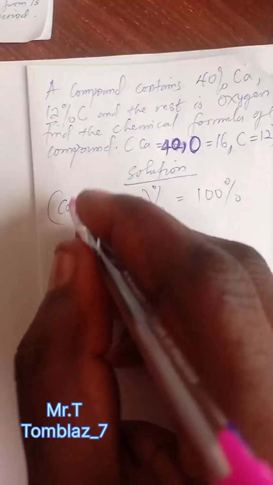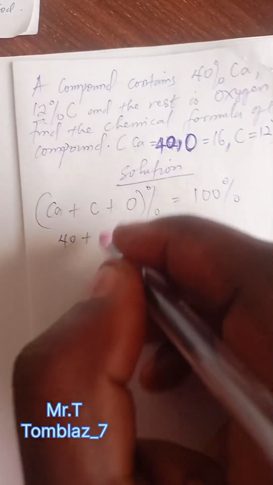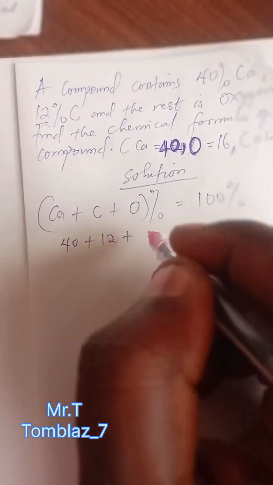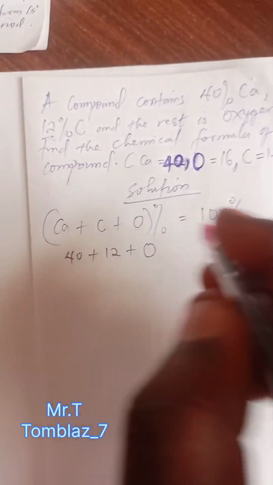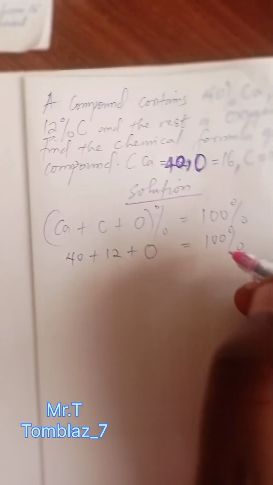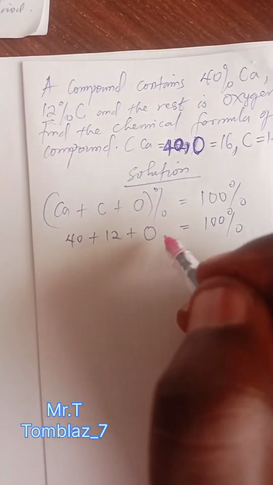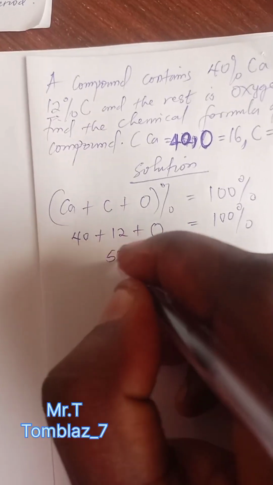But we have the percentage of calcium to be 40, that of carbon to be 12, but that of oxygen is omitted, right? And it's equal to 100%. So what do we do? We add these values, and subtract. So this plus this is going to give us 52 plus oxygen.